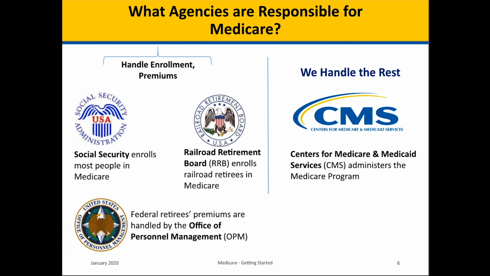If you are retired from federal service, we suggest that you contact the Office of Personnel Management regarding your Medicare premiums, as they can assist with handling your Medicare deductions from your retirement benefit. And of course, CMS handles the Medicare coverage, benefits, and payments from our agency.